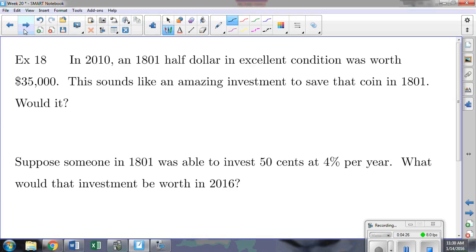Is that a great investment to go from 50 cents to $35,000? Well, consider this then. If we were to put that same 50 cents in, invested at 4% per year, what is that investment worth now?